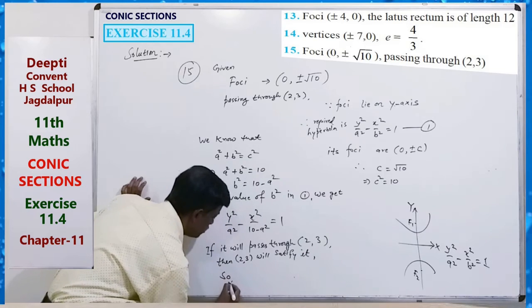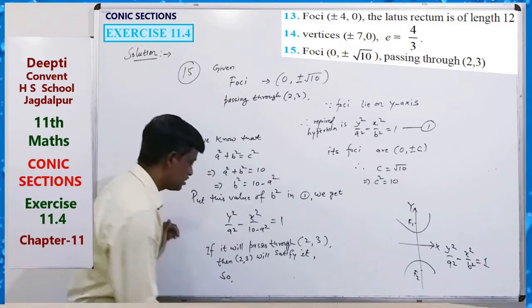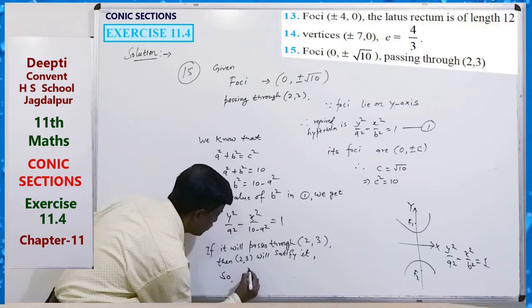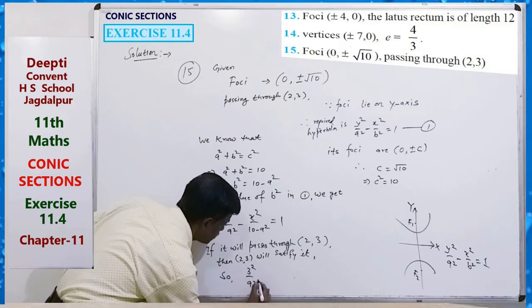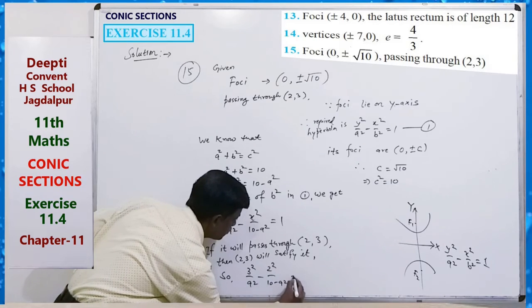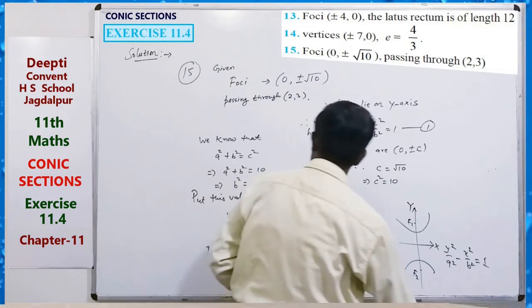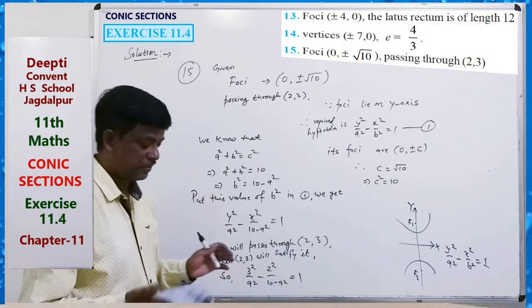So just put the values of 2 and 3 in place of x and y. So y square means 3 square upon a square minus x square means 2 square upon 10 minus a square equals 1. Just we can solve it for a. Clear?